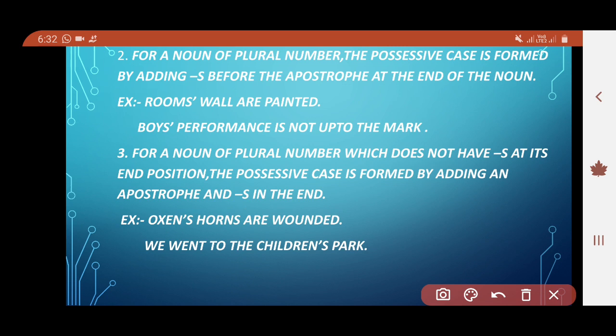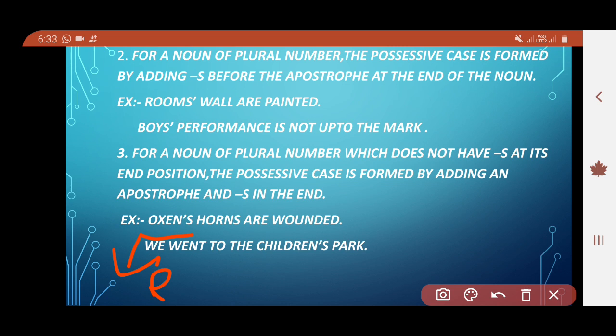Let's see. Oxen's horns are wounded. Oxen itself is in plural form. We don't need s in oxen. Yes or no? Ox, oxen. Remember this difference? Ox is for what? Singular, and oxen is for plural. Oxen's horns are wounded.